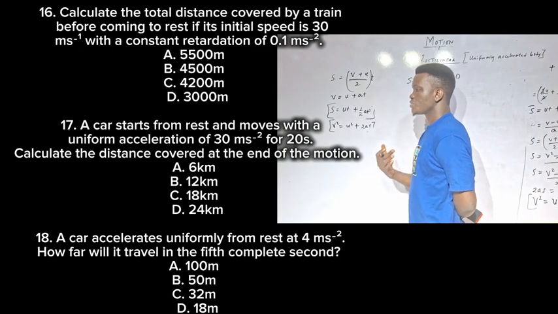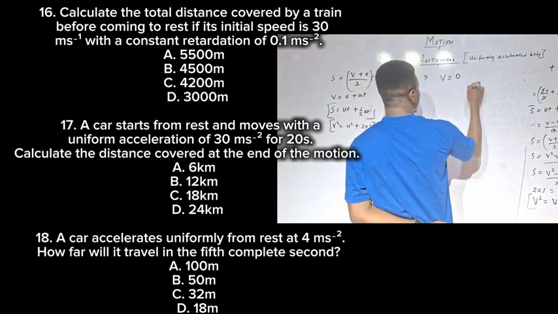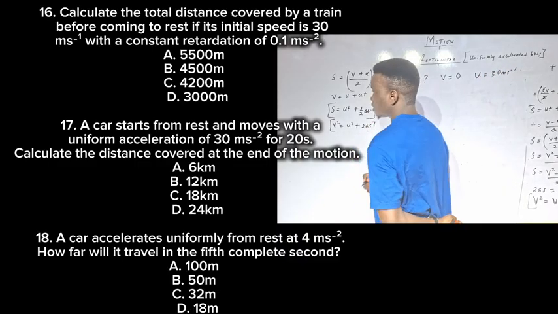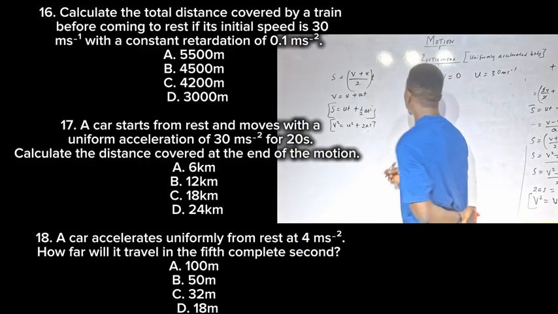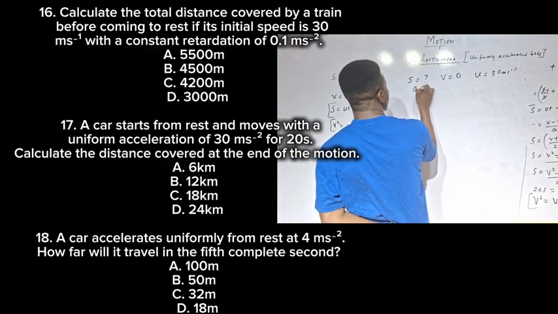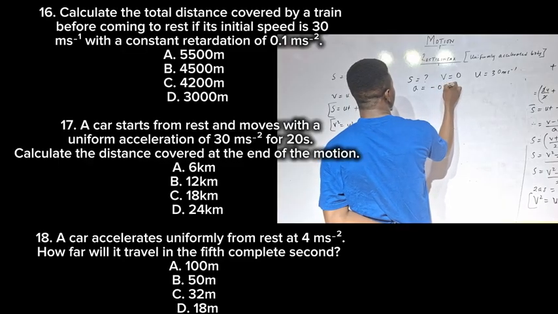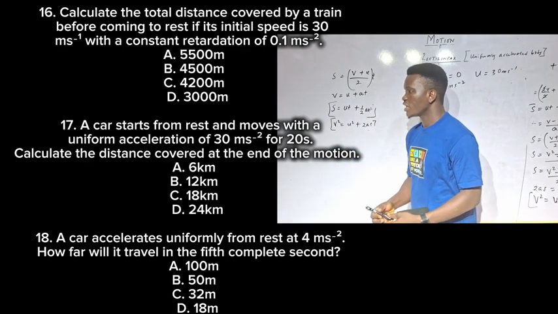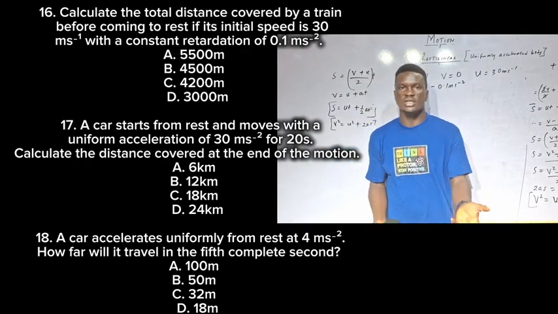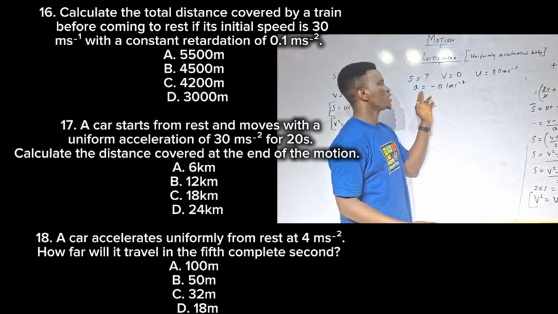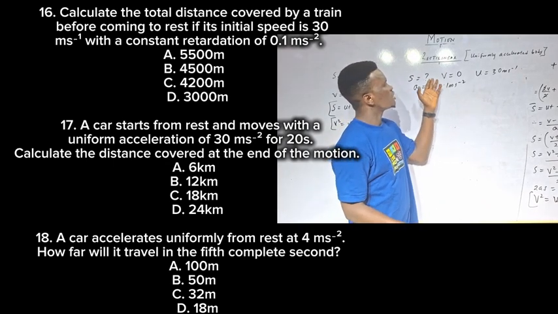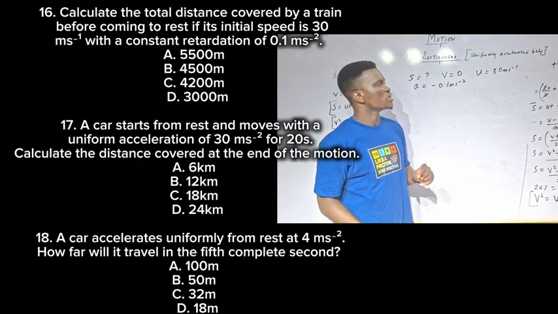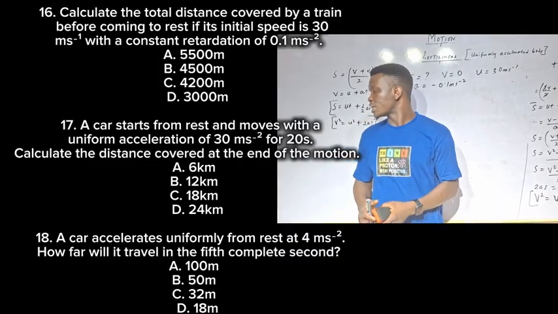If its initial speed, so we're given the initial speed, U is 30 meters per second. With a constant retardation, that means the retardation is going to be minus 0.1 meter per second squared. You know why I'm adding negative there? Because that is retardation, so your acceleration will be negative. So now that you have all of these things and you want to calculate this distance, which of the 4 formulas are we going to use?